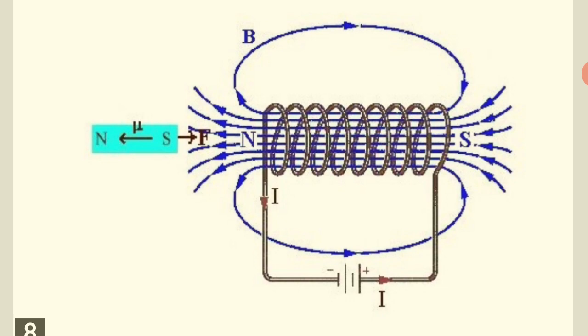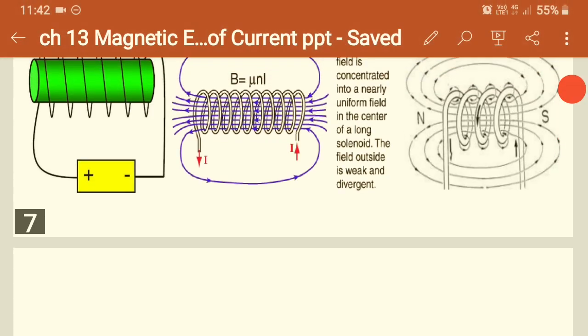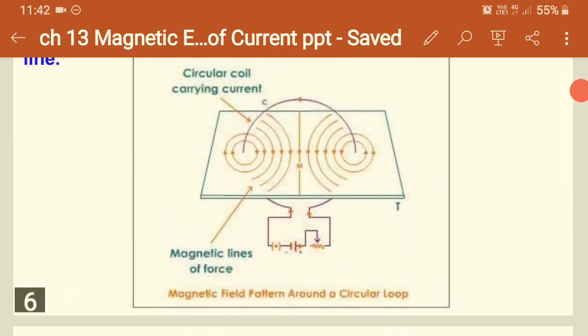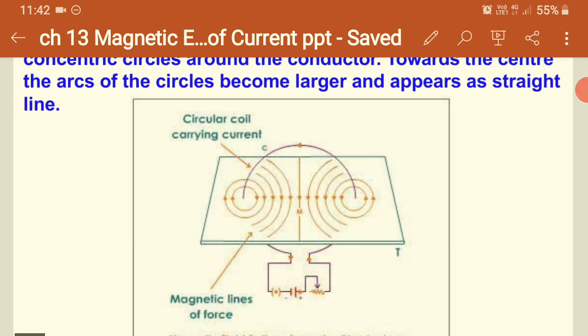That means there will be two opposite magnetic fields, as we have learned in the coil also, that two opposite arms of the coil will exhibit two different poles of the magnetic field. Here we have learned that if the current direction is upward, the pole formed will be the north pole, and if in the arm the direction of current is downward, the magnetic pole will be the south pole.